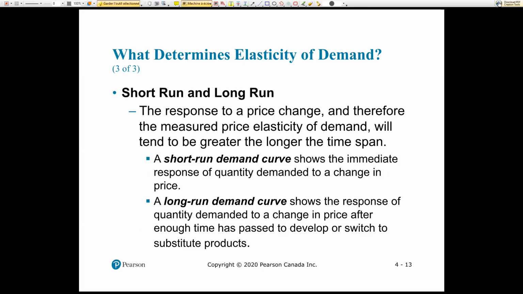Short run, long run. The response to a price change will be greater in the long run than in the short run. Why? People will have time to adapt to the change. Yes. So for example, if the price of gas goes up, then in the short run, I have to use my car.